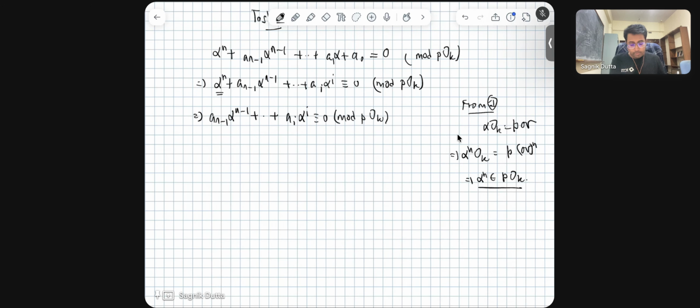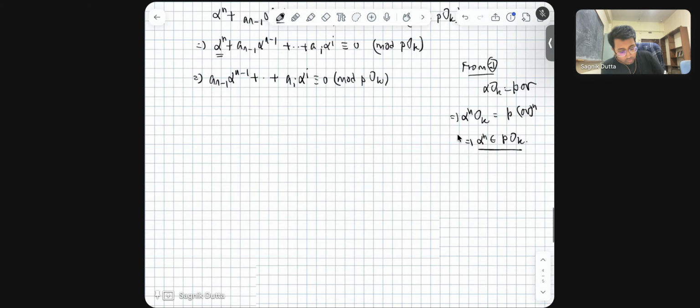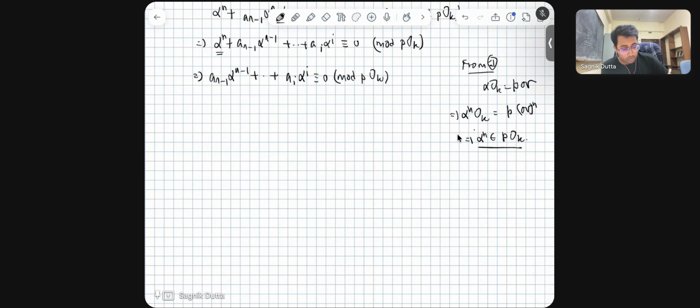Now, these powers of alpha run from i to n minus 1, right? So alpha to the n is in p, so alpha to the n plus 1 and so on, all of them remain in p. So somehow if you can make these terms bigger than n, then all of them will be inside p.